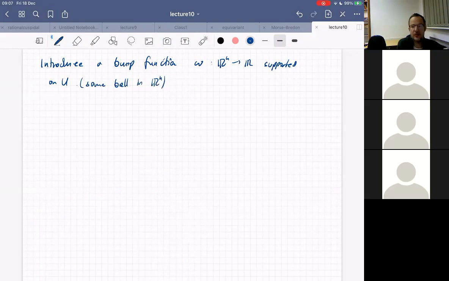So we do it locally. First we are abstracting from the function. The function will appear later on. So some ball in R^n.